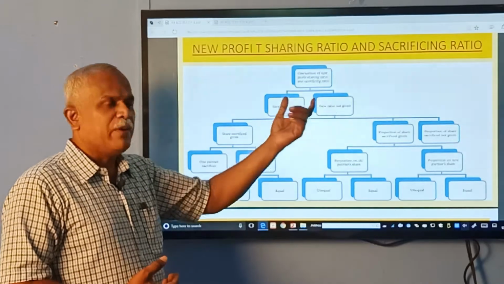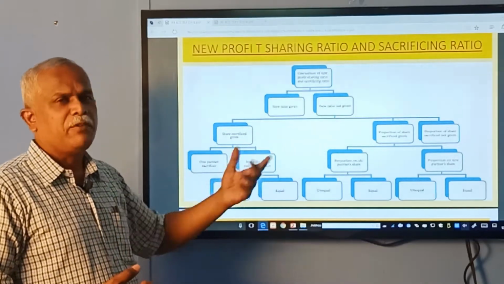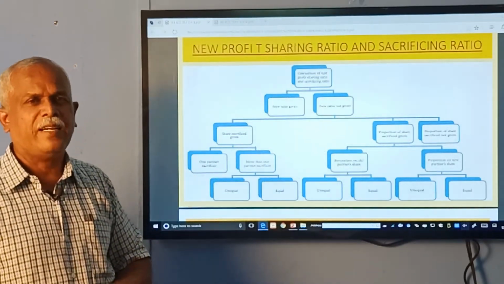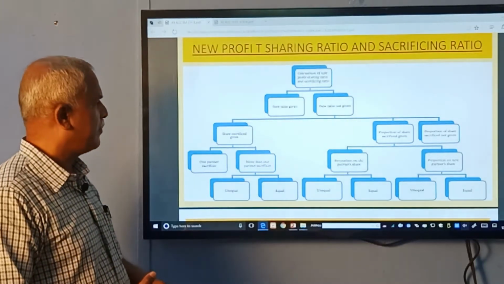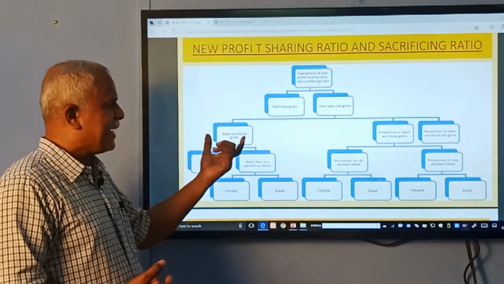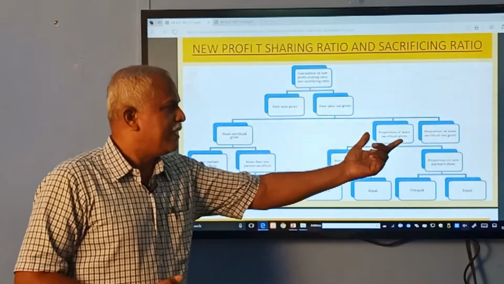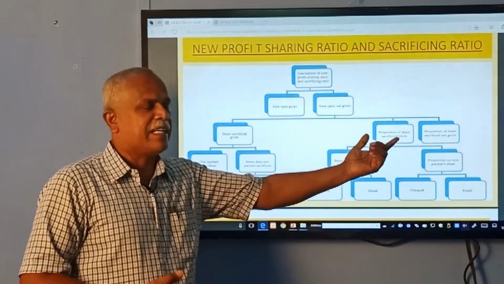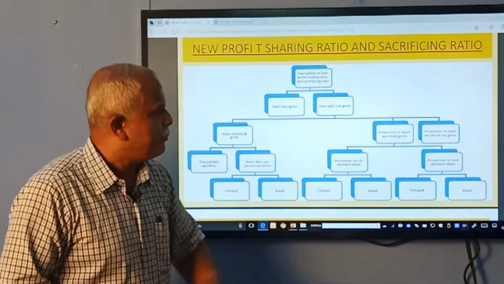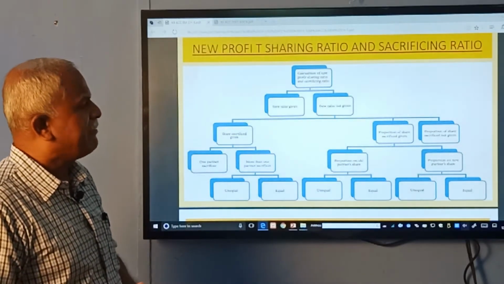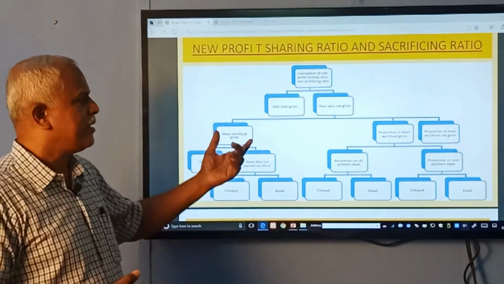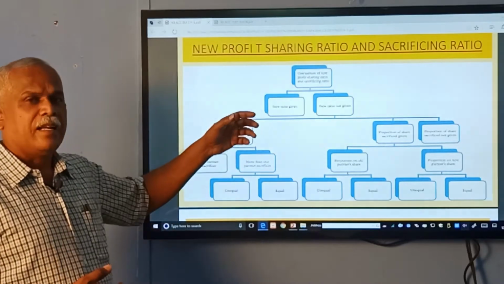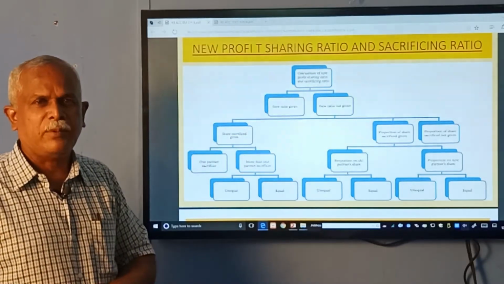In case it is not given, we have to calculate the new ratio, and at the end we have to find out the sacrificing ratio. There are also cases when the proportion of sacrifice is given and when it is not given. So, these are the various conditions. Around 7 conditions are given in the book.